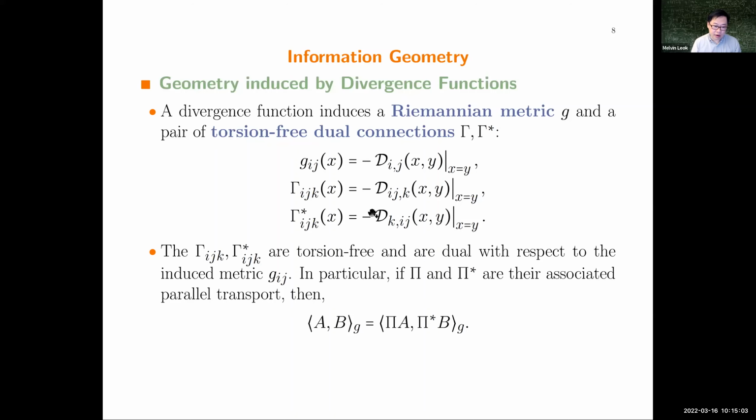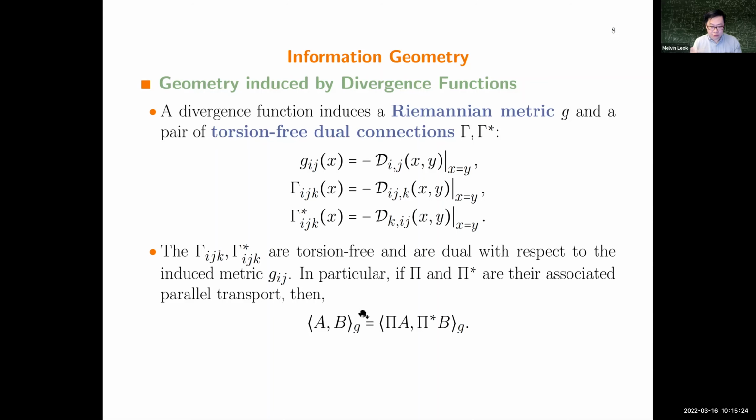Okay, so that doesn't happen in this pair of affine connections, but something analogous to it happens, which is the following: if you have a vector A and a vector B, and you parallel transport one of those vectors by the first connection, and you parallel transport the second vector by the second connection, then the Riemannian inner product is preserved.